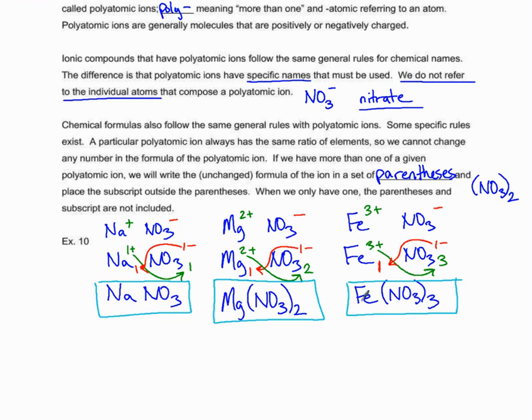charge of it in the name. So when we're talking about this one, it is iron(III), so parentheses, and this 3 tells me the charge of the iron. I'll put a little pink note right here.